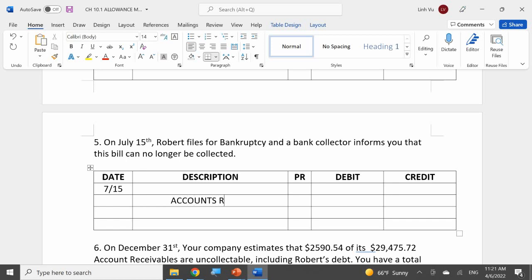Now, under the select information: Allowance for doubtful. Good. For how much now?